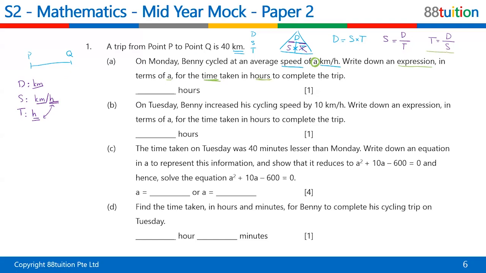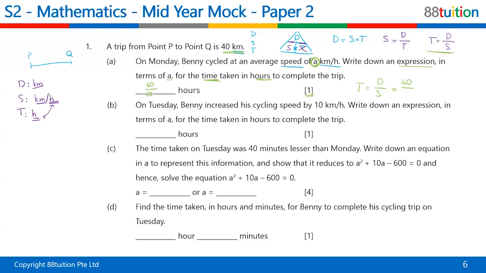From here, we see that time equals distance over speed. My distance is fixed at 40 kilometers, so 40 over the speed, which is 8. We just need to write this down without any explanation, okay? Because with this kind of question, it is only one mark, so it must be something very easy.